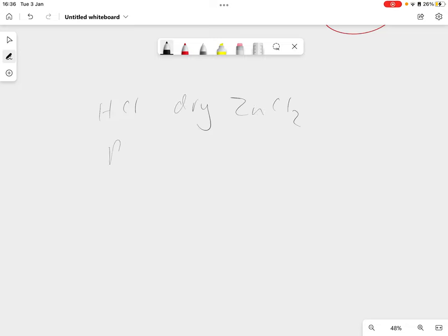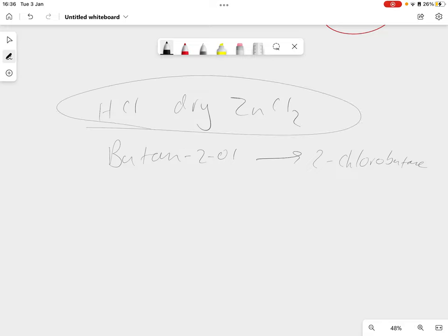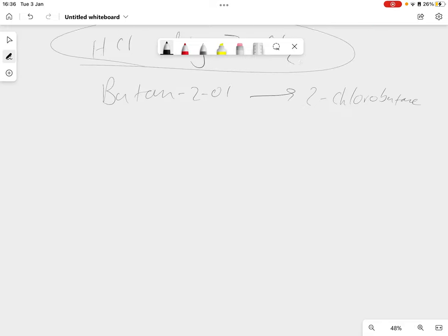Now, an example of this would be butan-2-ol, which will form 2-chlorobutane if reacted with the correct reactants. Now, if you want to produce a bromoalkane, you're going to use KBr and H2SO4, that is concentrated sulfuric acid.